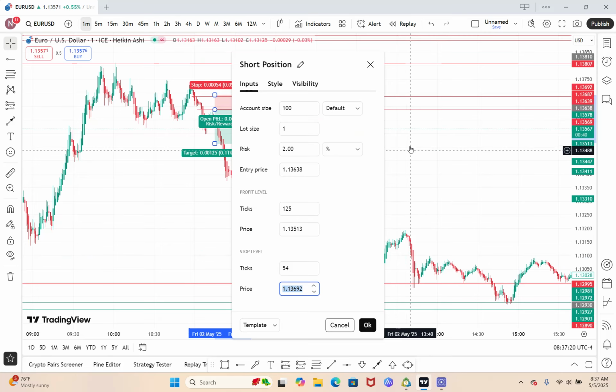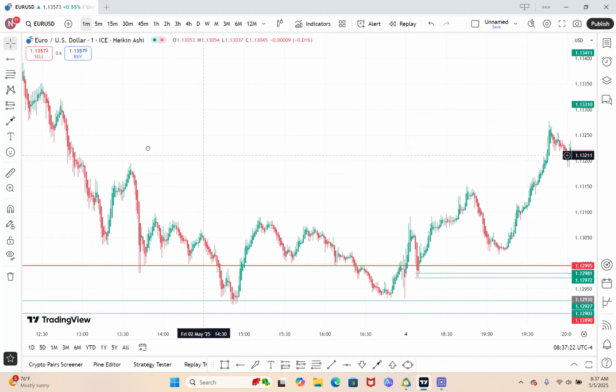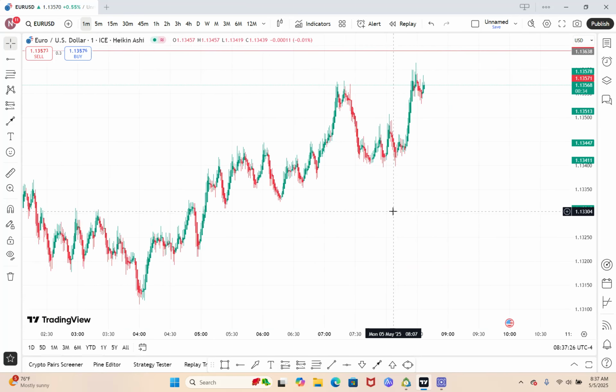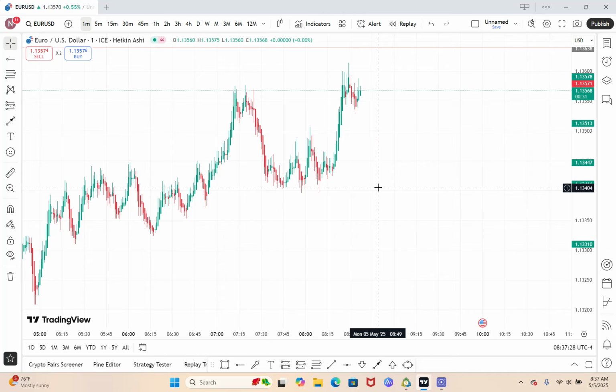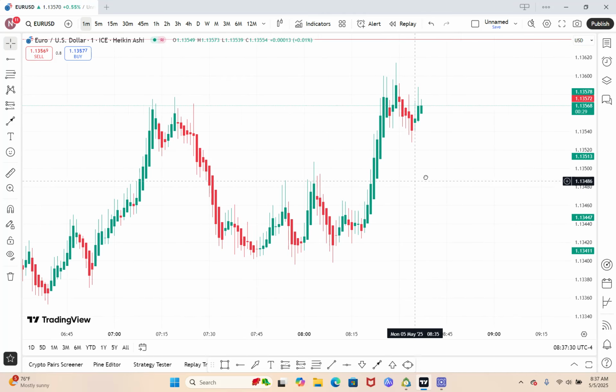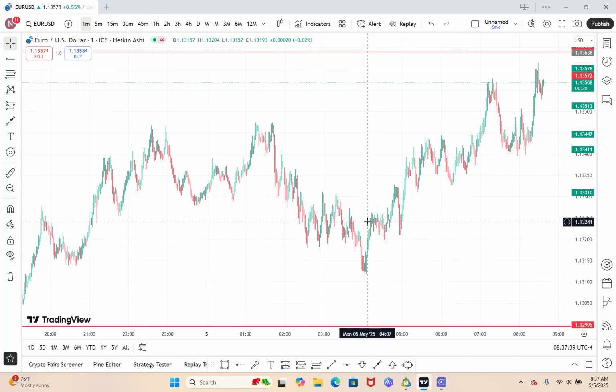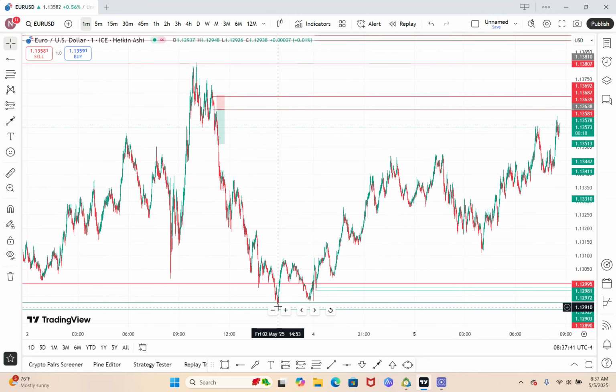So let's see the opposing level. This here seems to be the opposing area. Buyers break above this little area right here. Buyers are in control from pretty much here all the way up.